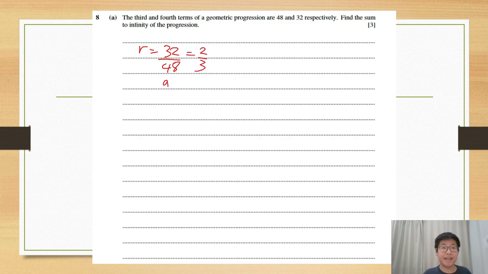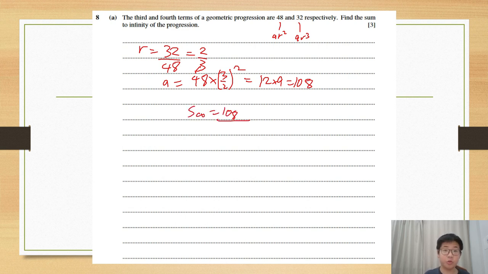So then we need to find A. Since this is AR squared and this is AR cubed, A is 48 times 3 over 2 squared, equals 12 times 9, equals 108. And so S infinity equals 108 over 1 minus 2/3, equals 324.